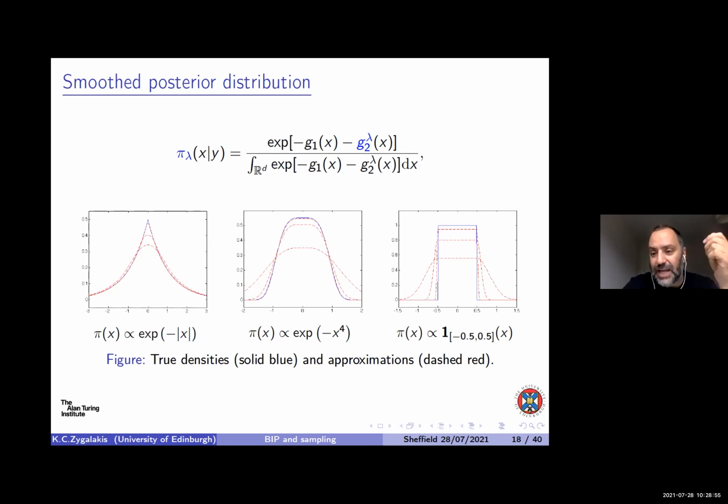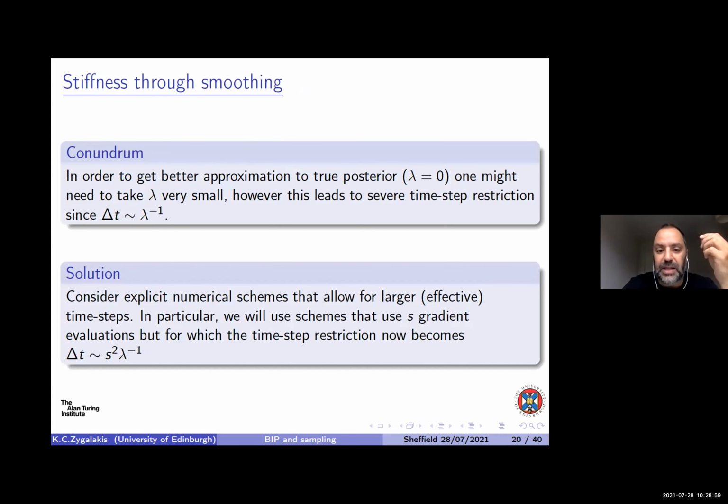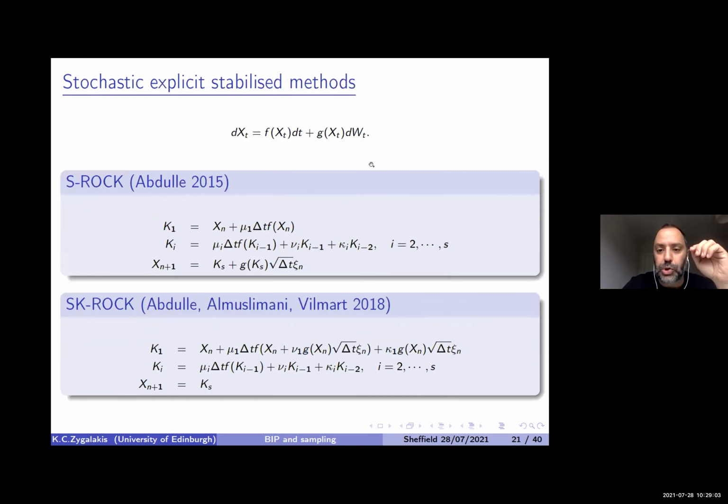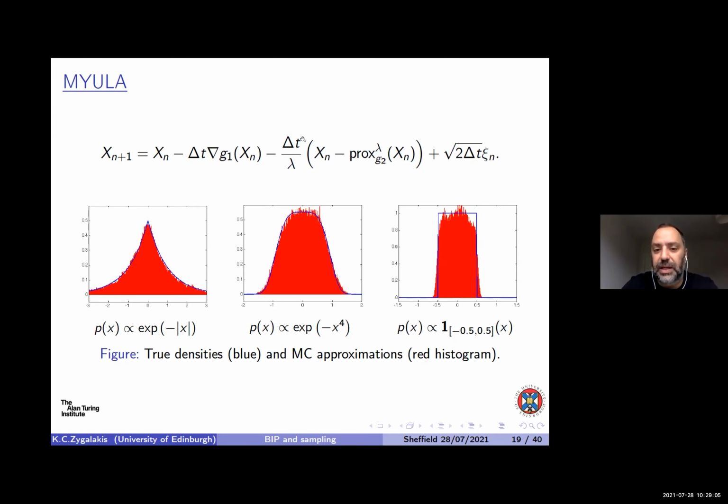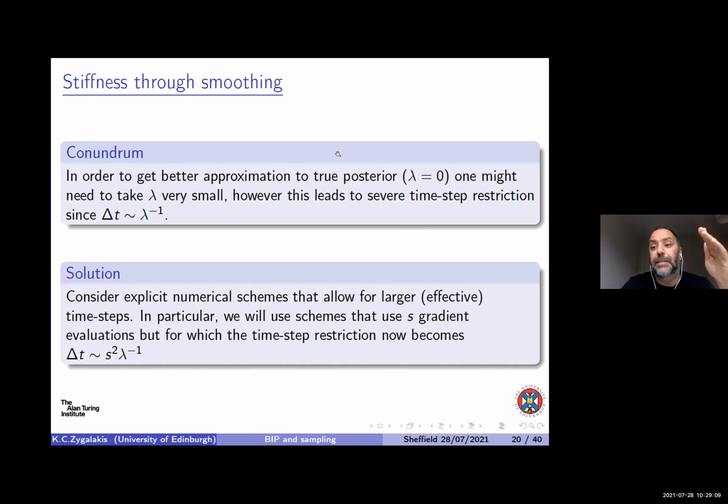In order to make this error small, you need to take lambda small. But the problem is that when you take lambda small, because of this term here, delta t has to be small as well, okay? But remember, in order to get anything reasonable, because of ergodicity, I need to integrate for quite a long time.